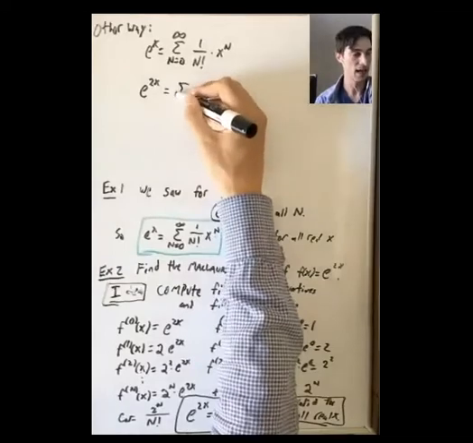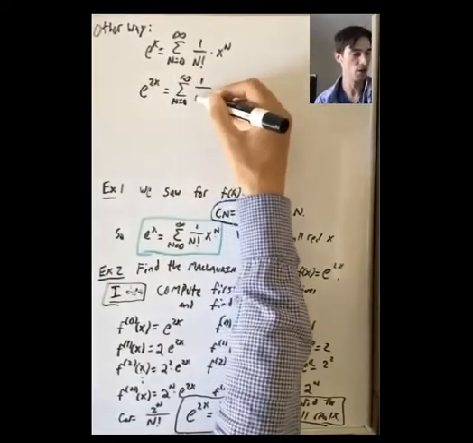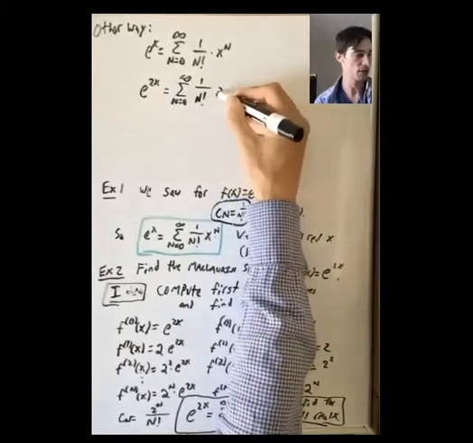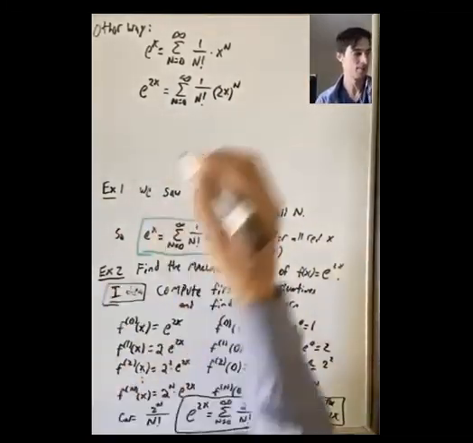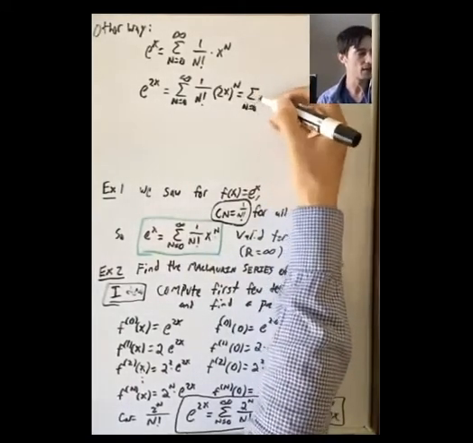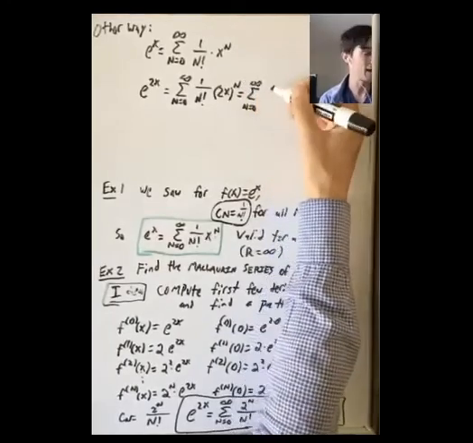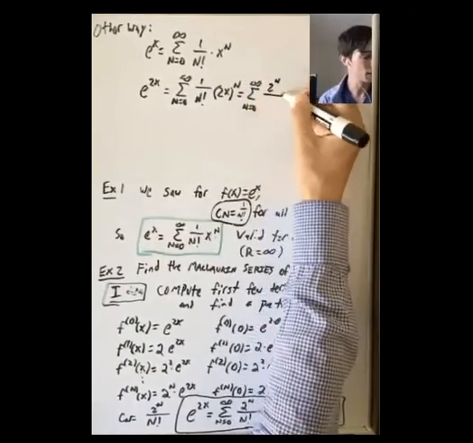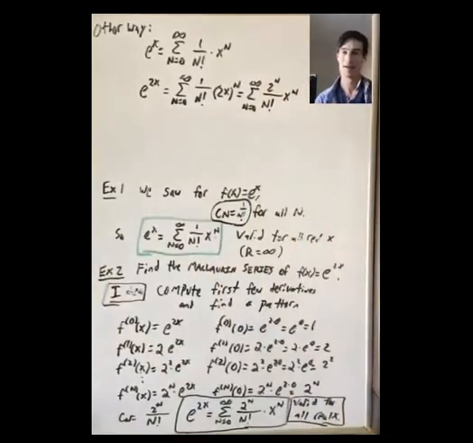So what are we going to get? A sum from n equals 0 to infinity. These 1 over n factorials are just numbers. And we just put in a 2x every time we see an x. And here, now we can factor out: 2x to the n is 2 to the n times x to the n. So what we get is 2 to the n over n factorial times x to the n. And this is the same thing that we had before.